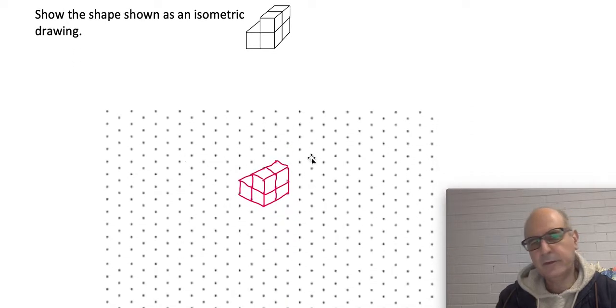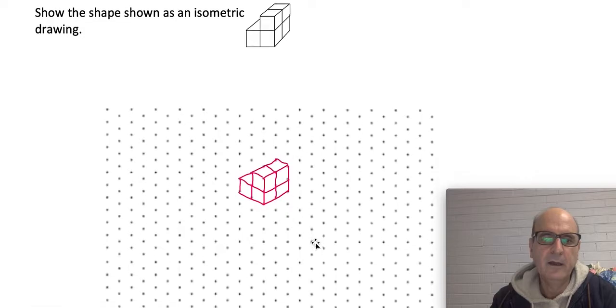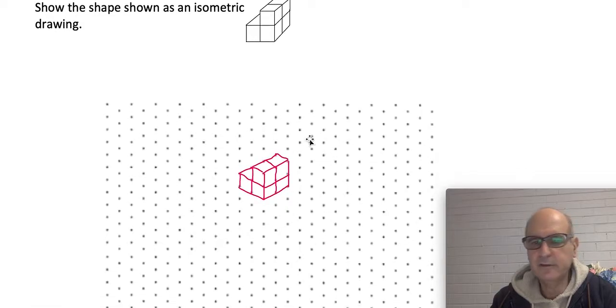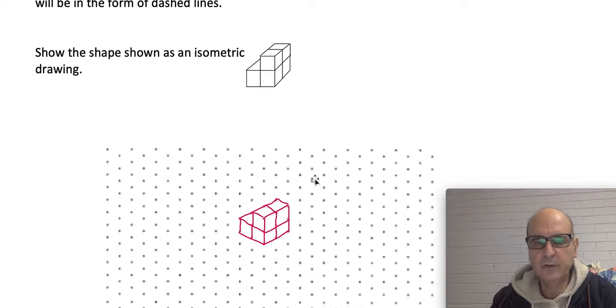If you were asked to draw any isometric shapes, you will be given an isometric page. This is an isometric sheet of paper, and we have dots, as you can see, and we use that to draw isometric drawings.